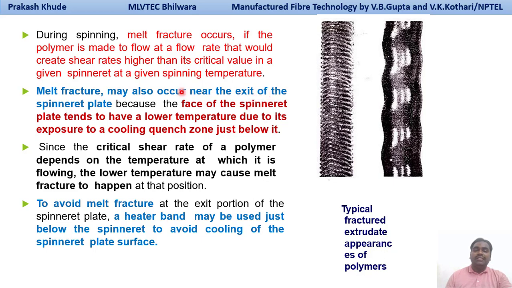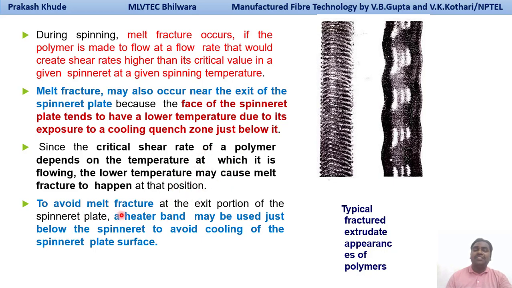So this phenomenon normally occurs at the exit of the spinneret plate because the face of the extruded plate is at low temperature as it is directly exposed to the quenching zone just below it. Since the critical shear rate of your polymer depends upon the temperature at which it is flowing, the lower temperature may cause the melt fracture to happen at that position. So this low temperature ultimately causes the melt fracture.